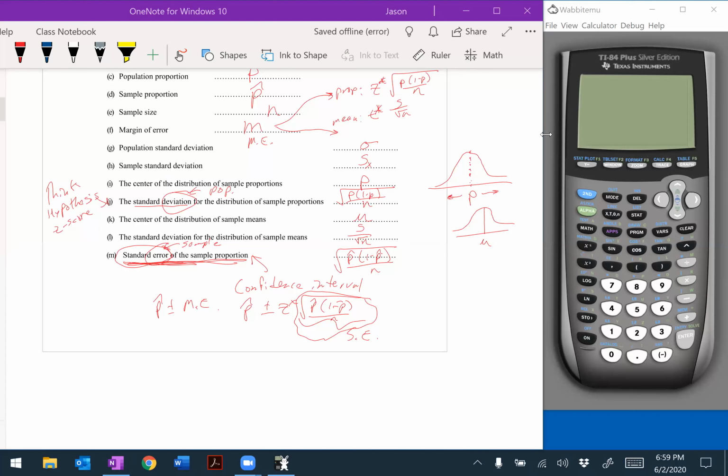Let me take a look at it real quick. I want to bring up a hard copy because I'm not sharing the exam with everybody. Here it is.